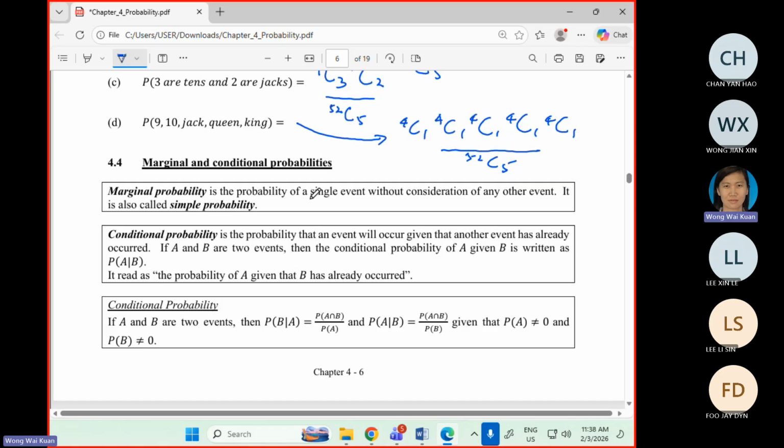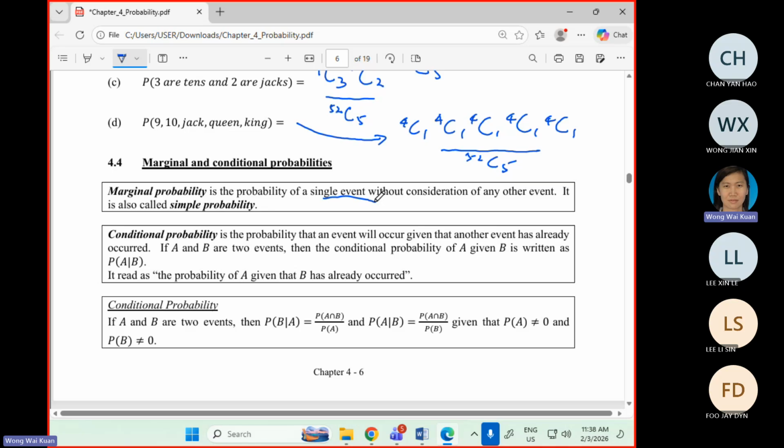Marginal probability is the probability of a single event. One thing only. We talk about one thing, like the probability of getting a head. One thing only, and without consideration of any other.